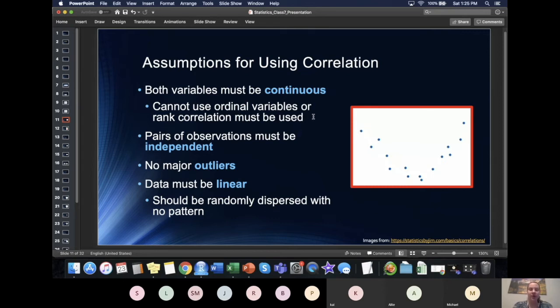If transforming your data does not make your data linear, then you need to find a different model to use. So in general, patterns are bad. If it doesn't follow a straight line with randomly dispersed points around it, then that means your data isn't linear. Are there any questions about that?